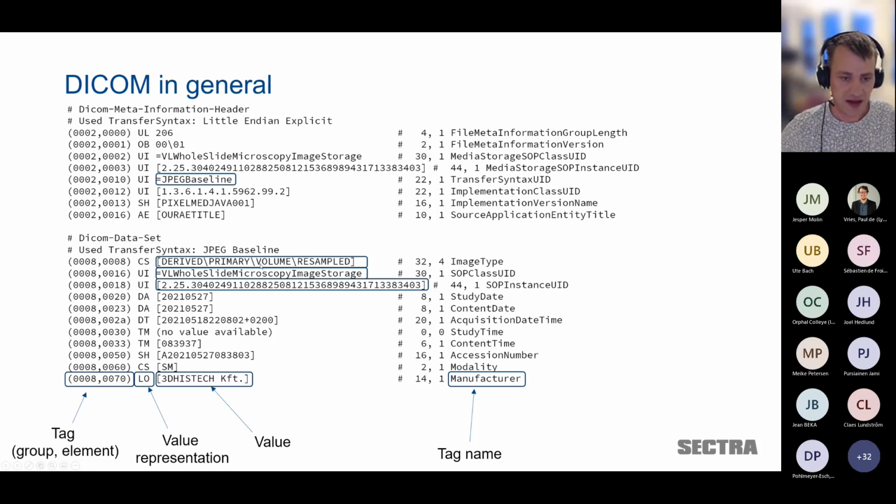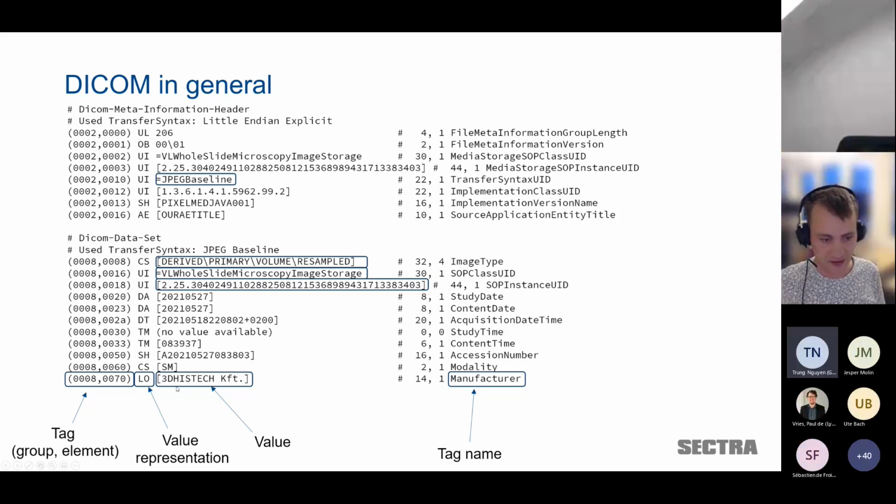Up here in the image type, we see that the image type is volume and resampled. Volume means that this file is part of the pyramid, and resampled means that it's not the base layer, it's one of the downsampled layers. And the SOP instance UID is just a unique identifier for every DICOM file, so every DICOM file should have a unique identifier. And then, of course, we have other things here, for example, the manufacturer and so on.